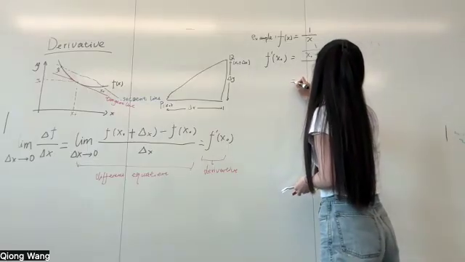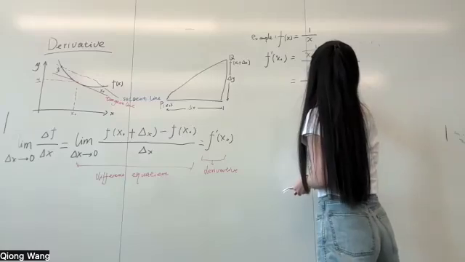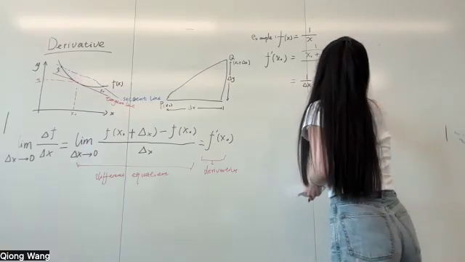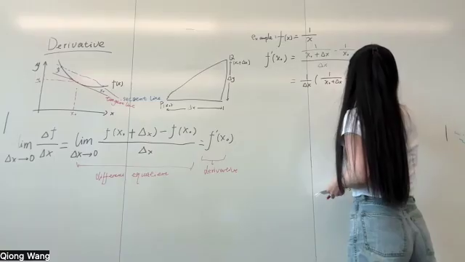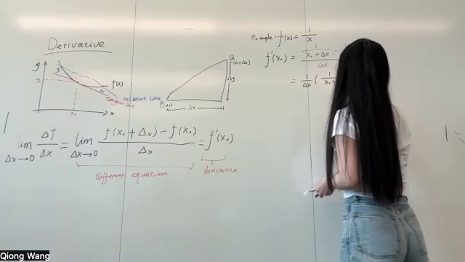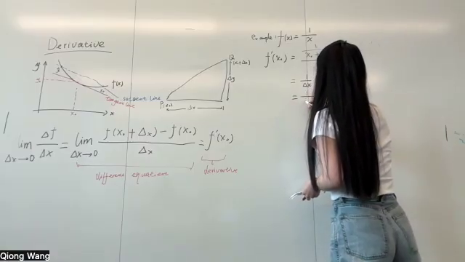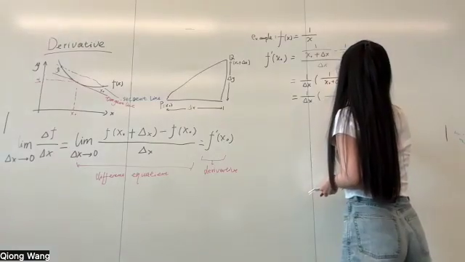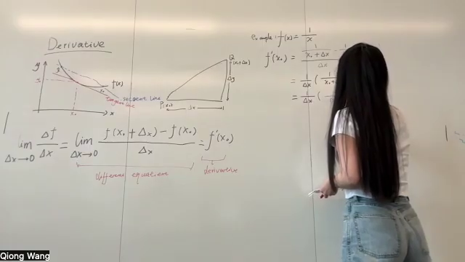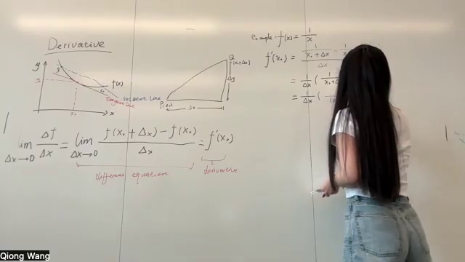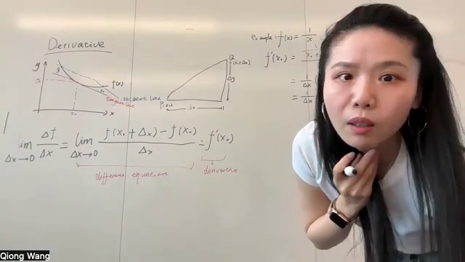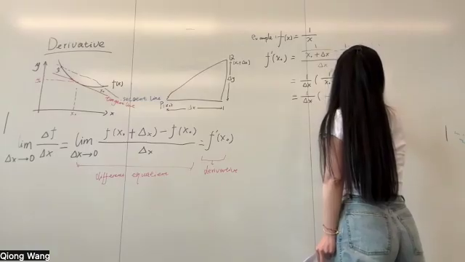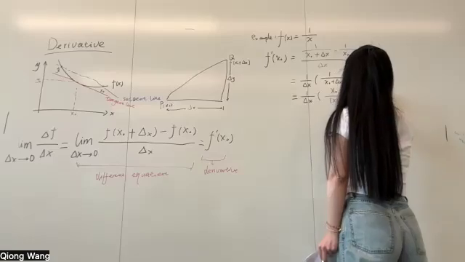Okay, let us continue. We put delta x in front, then we go to 1 over x0 plus delta x minus 1 over x0.